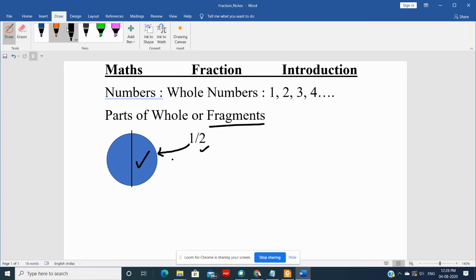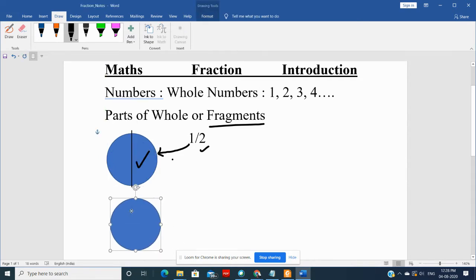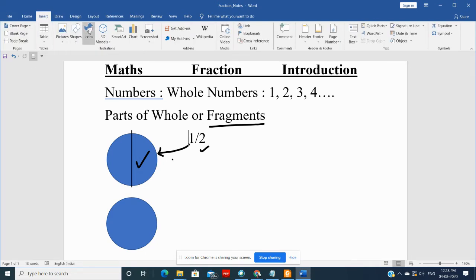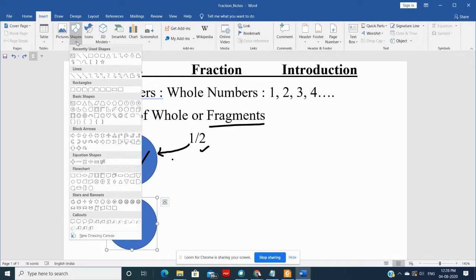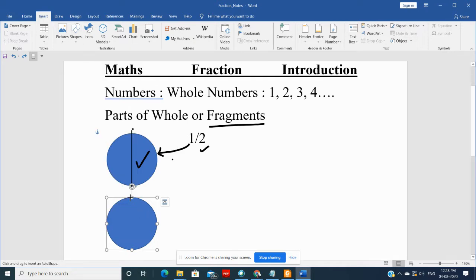Sometimes we end up using, let's draw another picture. Let's draw 4 parts of it.